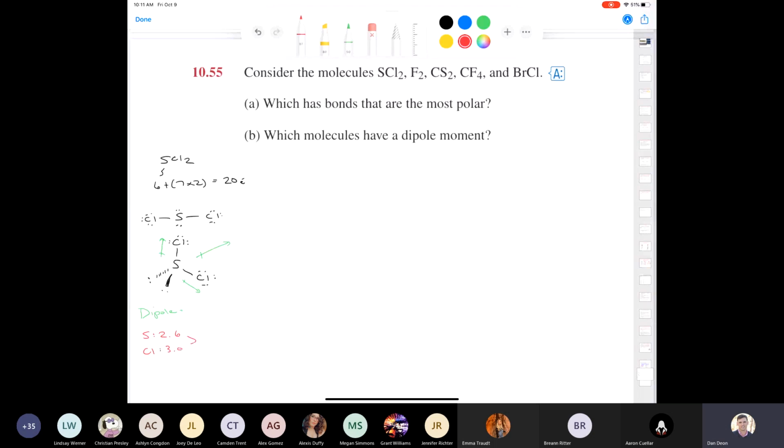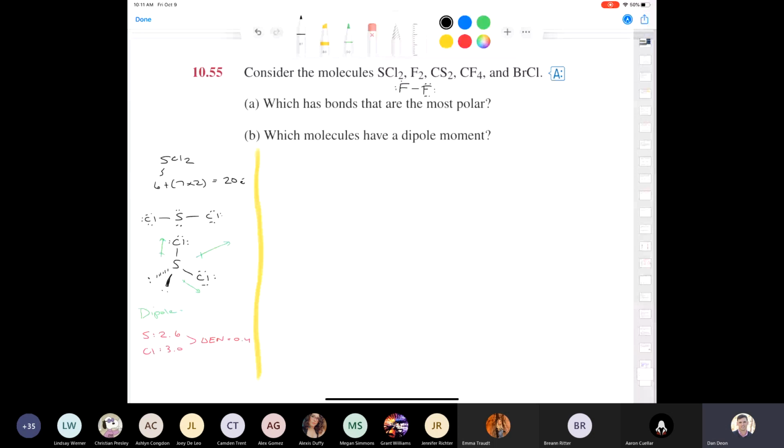And so the delta EN is going to be around 0.4. Okay. Next, we'll look at fluorine. Why don't I do that one up here? Fluorine is a nonpolar molecule.